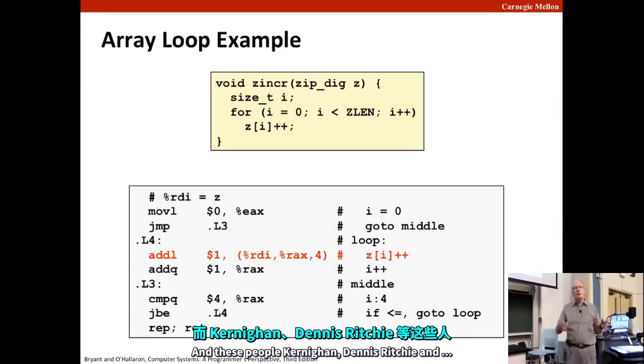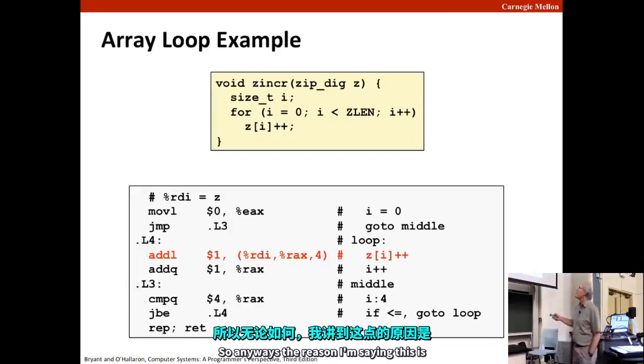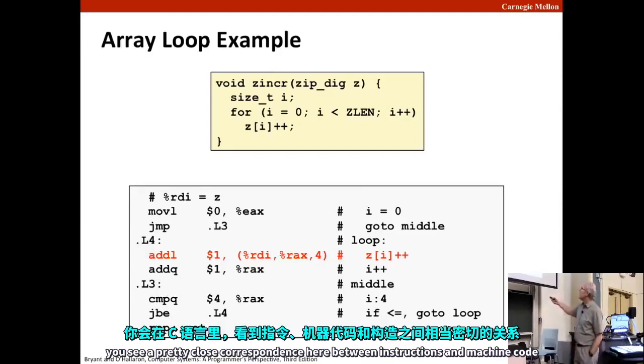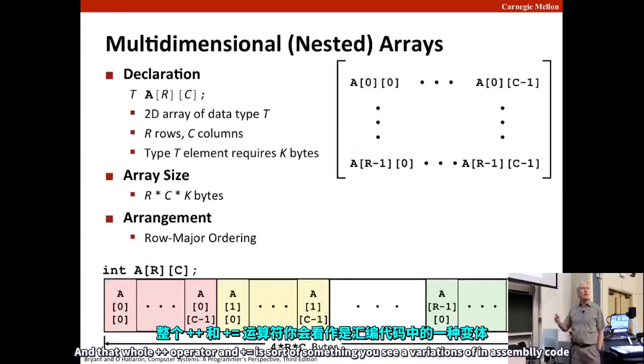And these people, Kernighan, Dennis Ritchie, and others realized that the way to do this is to build pointer arithmetic into a programming language. So anyways, the reason I'm saying this is you see a pretty close correspondence here between instructions in machine code and constructs in the C programming language. And that whole plus plus operator and plus equals is something you see variations of in assembly code.